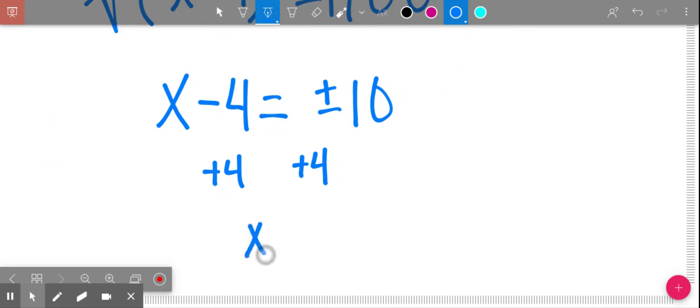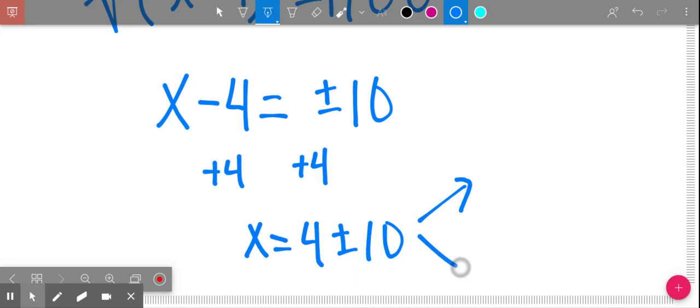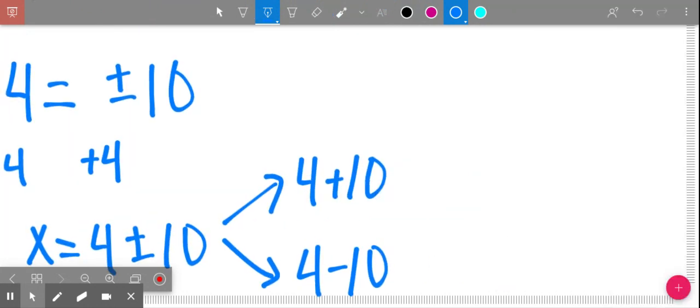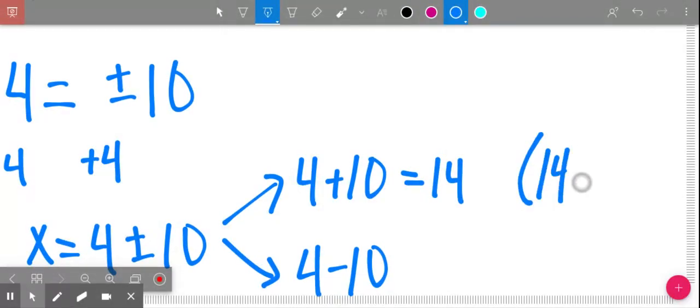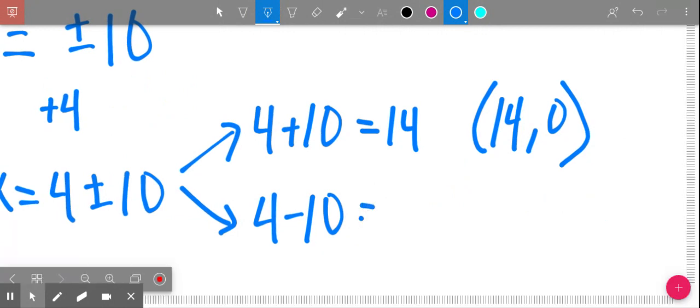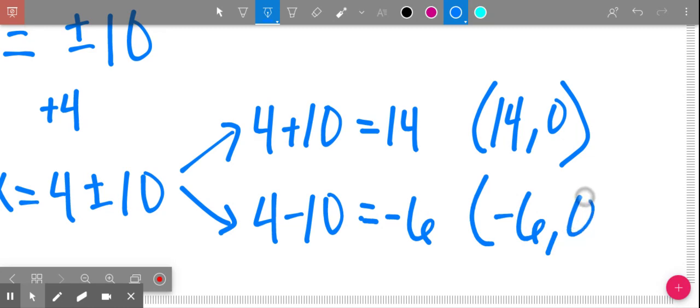And we'll get x is equal to, we cannot combine them, so we have to write it as 4 plus or minus 10. And then we can break it up into our two separate problems. So I'll have 4 plus 10 and 4 minus 10. Well, 4 plus 10 gives me 14 for a solution of (14, 0). And then 4 minus 10 gives me negative 6 for a solution of (-6, 0).